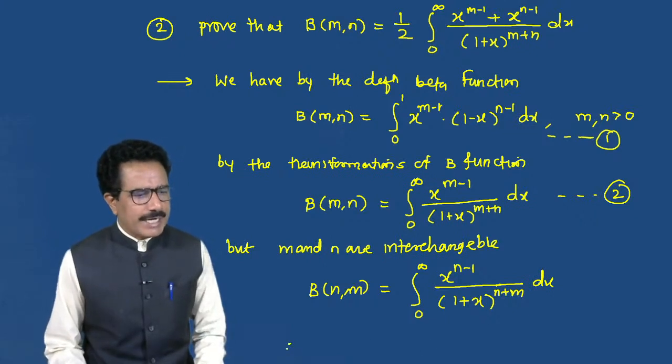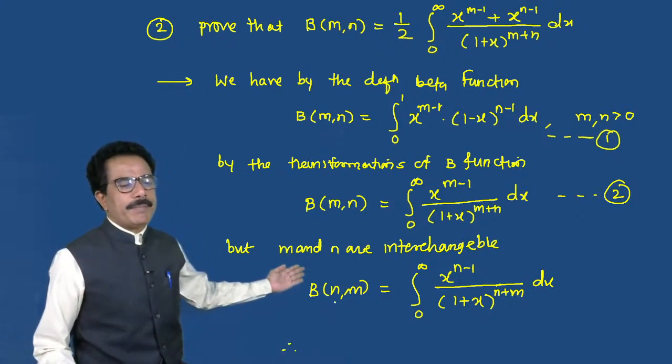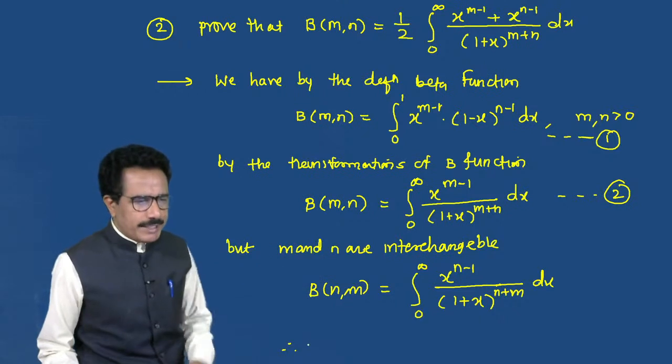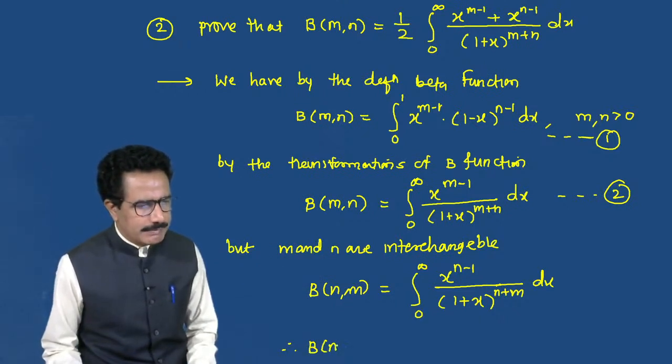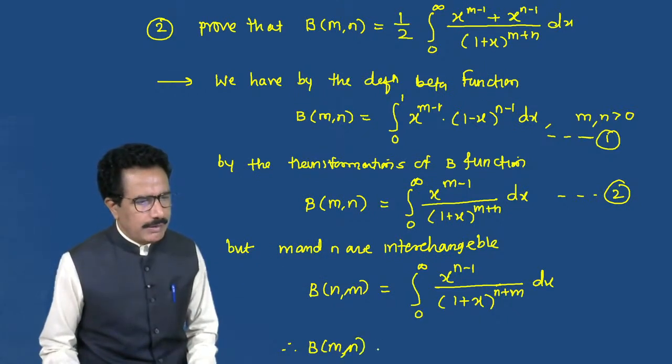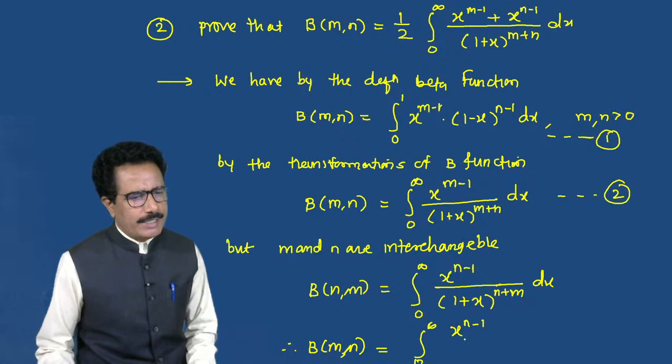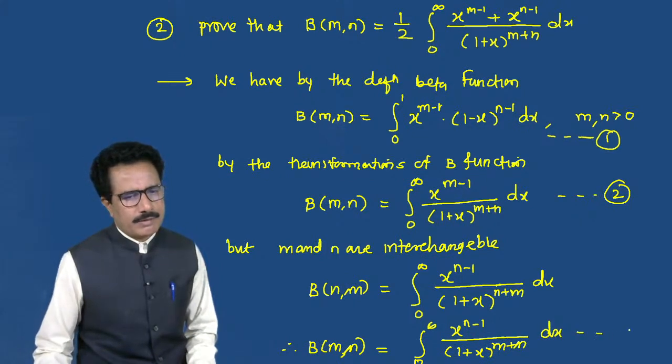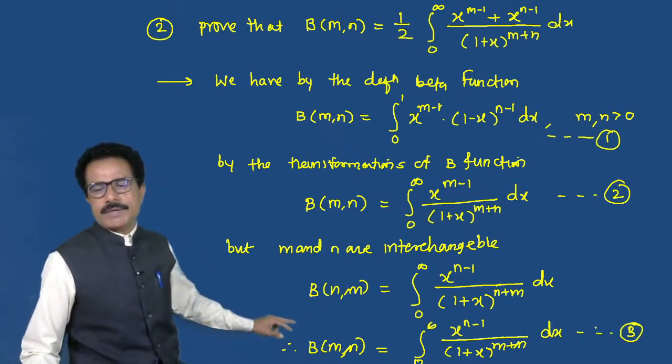That means beta of n comma m, which is beta of m comma n, is equal to the integral from 0 to infinity of x raised to n minus 1 divided by 1 plus x raised to m plus n dx. Suppose this is equation 3.